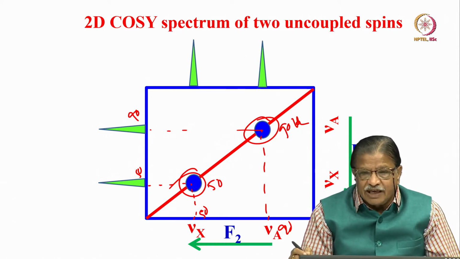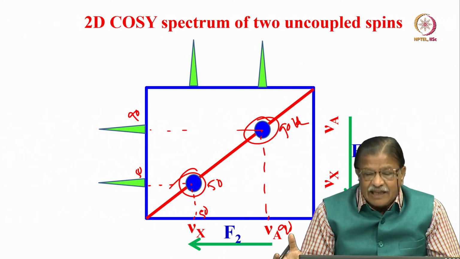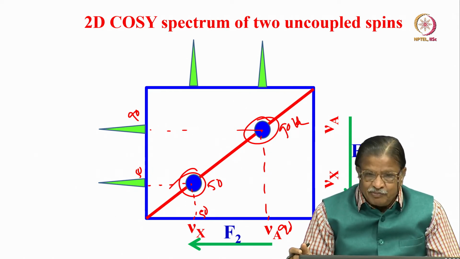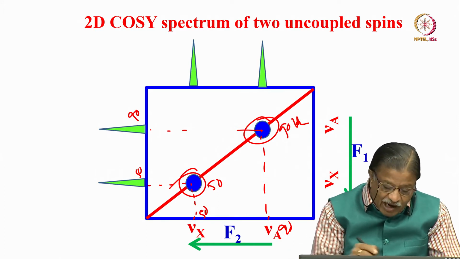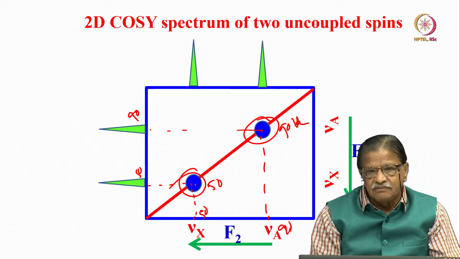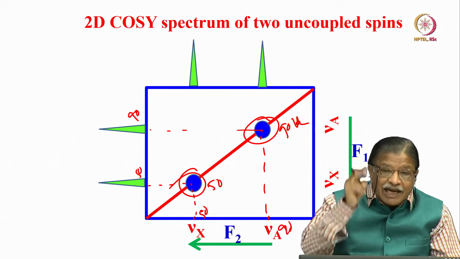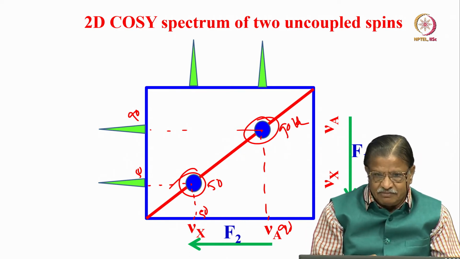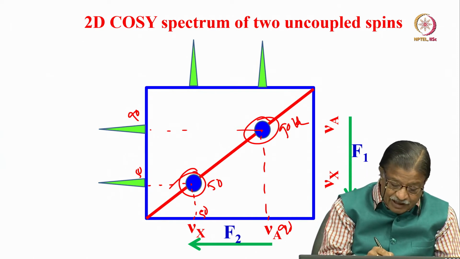So in both cases there are two uncoupled spins. There is no way they can transfer magnetization between themselves. The peak which was evolving at 50 hertz during T1 continues to evolve at 50 hertz during T2. So that peak is coming on the diagonal.